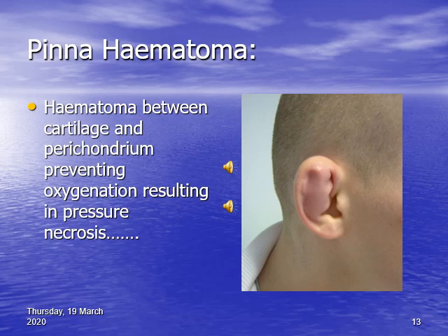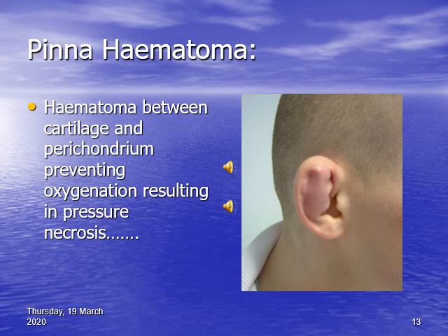For treatment of this condition, the hematoma should be evacuated as soon as possible, and this evacuation should be done under a completely aseptic environment, because persistent hematoma, as we said, results in deformity, cartilage necrosis, and sometimes resorption with cauliflower deformity.